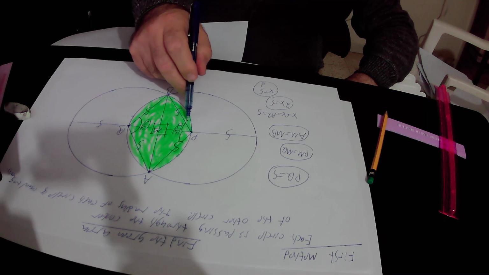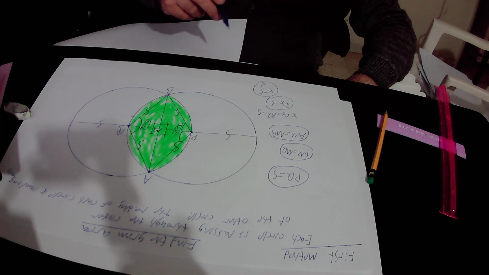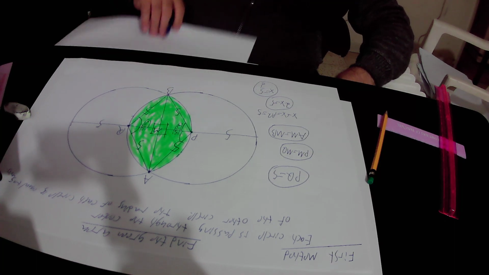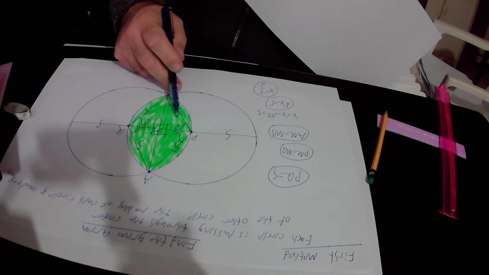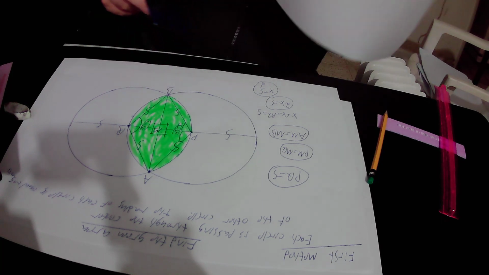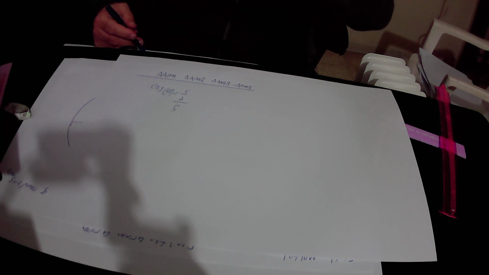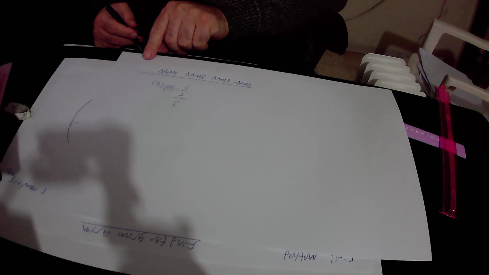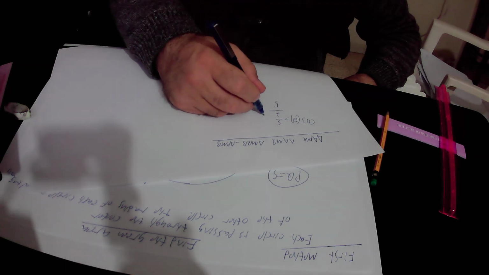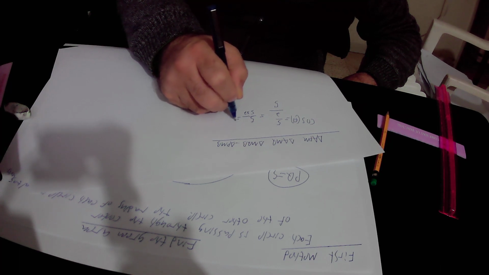So on those 4 triangles, cosine theta equals 5 over 2 over 5, which equals 5 over 5 times 2. 5 over 5 is 1 over 2.